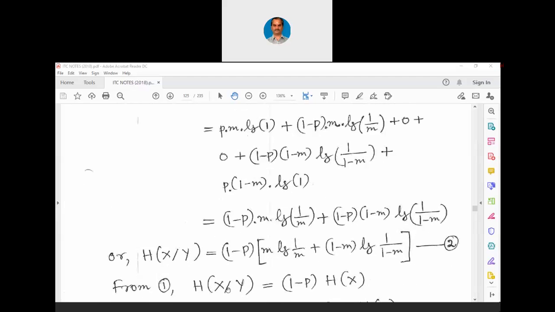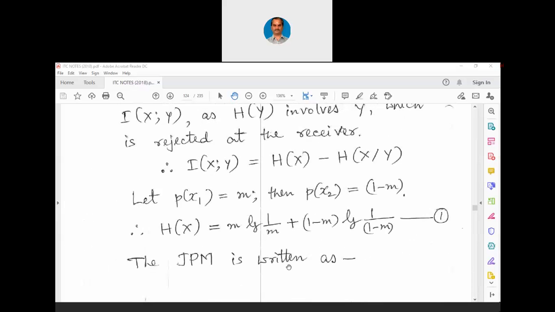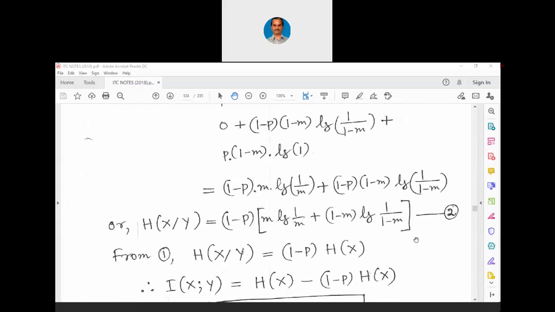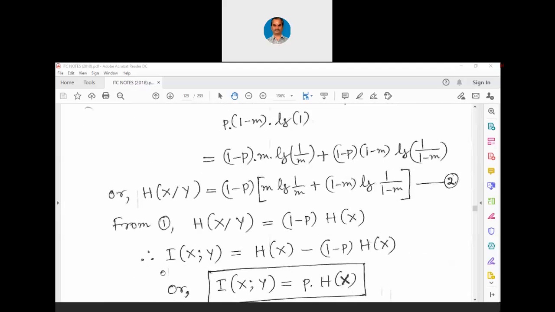Now, from equation 1, we have H(X/Y) equals (1 minus P) times H(X). So the mutual information I(X;Y) equals H(X) minus (1 minus P)·H(X), which is I(X;Y) equals P·H(X). That way, we have obtained an expression for the binary erasure channel.